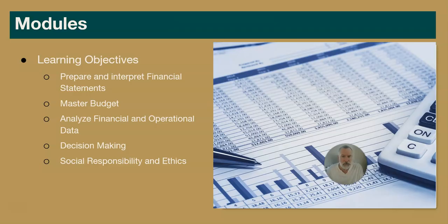You will learn how to prepare and interpret key managerial reports such as cost analysis, budget reports, and performance measures. Major topics include cost behavior, cost-volume-profit analysis, budgeting and forecasting, activity-based costing, strategic performance management, capital budgeting, and an integration of corporate social responsibility and decision making.